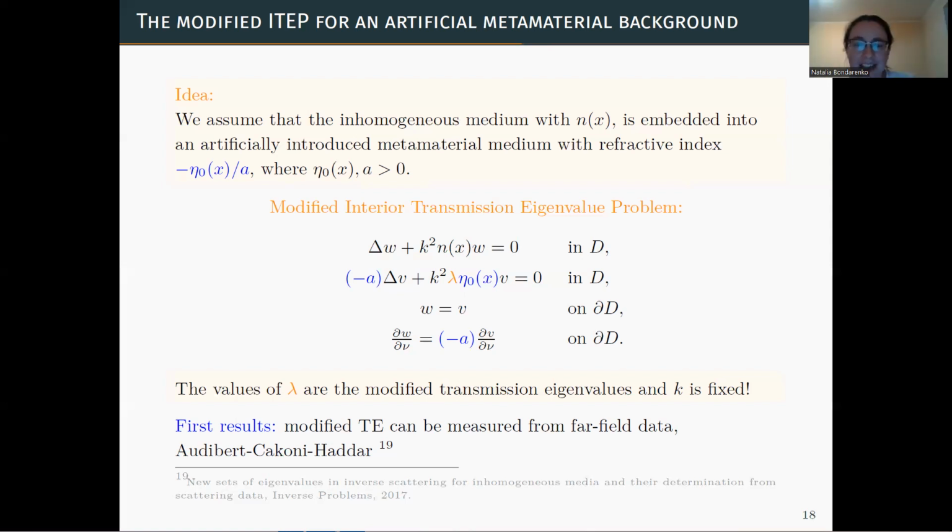I see. I understand your answer. Thank you very much. But I think that anyway we can consider positive A. Of course, it will not be a self-adjoint problem. Yeah. But maybe we can choose some subclass where this problem makes sense and where it has the spectrum. Because for the standard transmission eigenvalue problem, we don't have this minus.